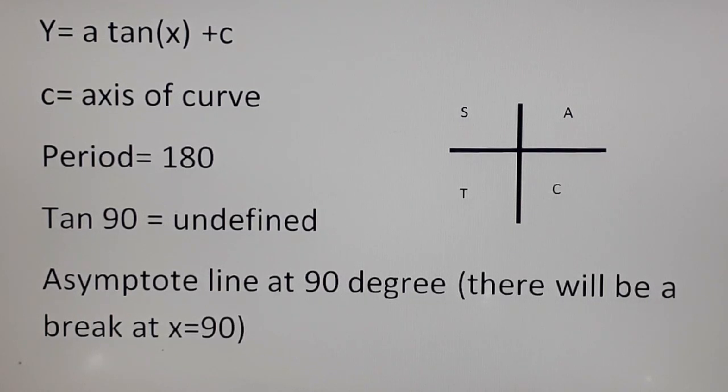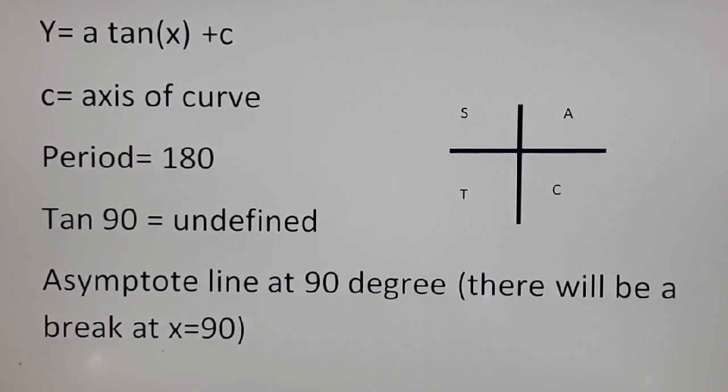Students, this is the first standard form: y equals a tan x plus c. Here a and c are two different constants. c is the axis of the curve, and a, which is the coefficient of tan x, we will not call the amplitude of tan.